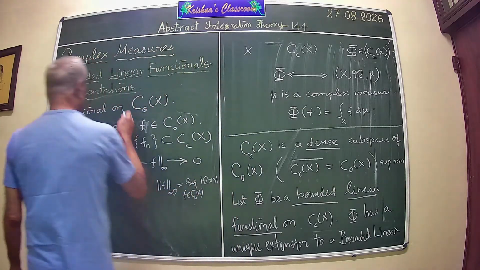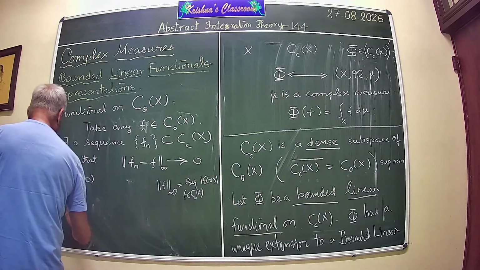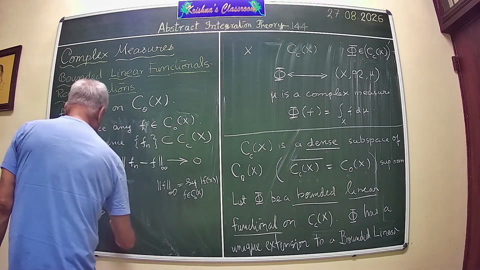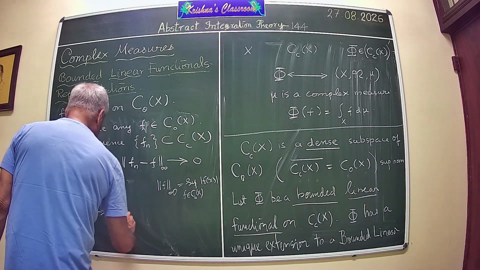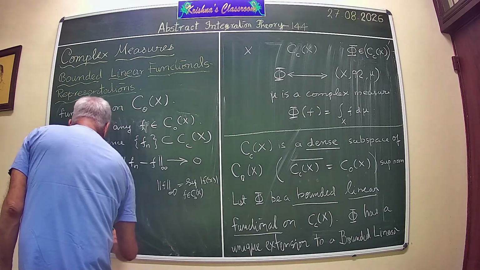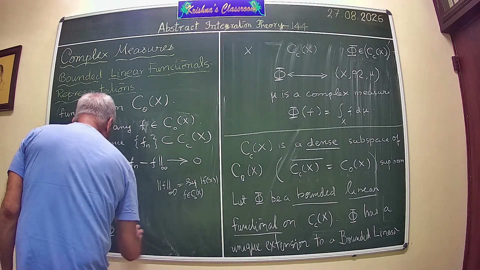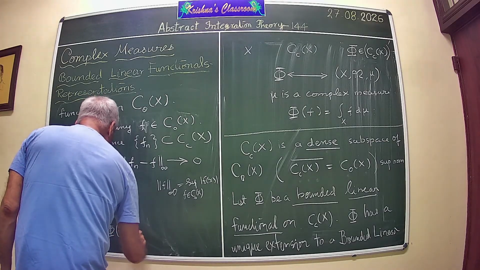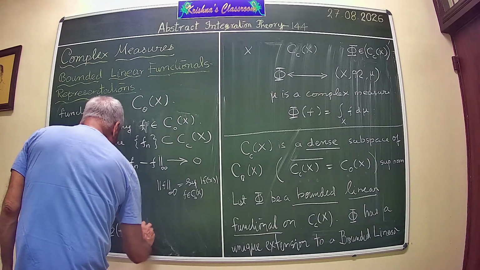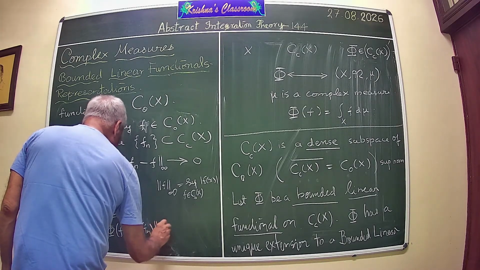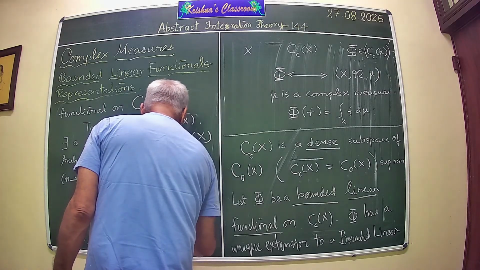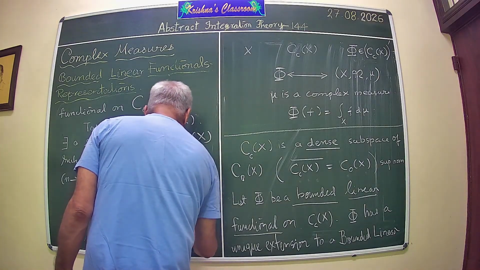Now phi of f n converges to phi of f, because it's a bounded linear function.